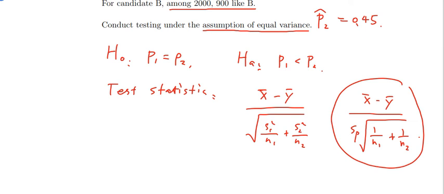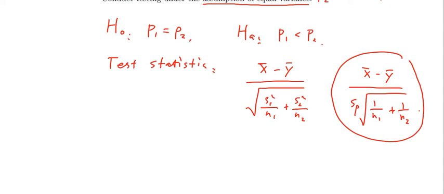So we need to find SP. So what is SP? In here, this is 1-0 data, so we can say this is just p hat q hat, right? The variance is pq.